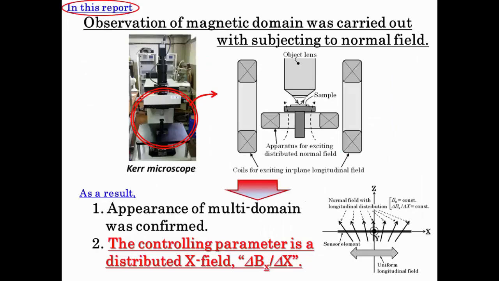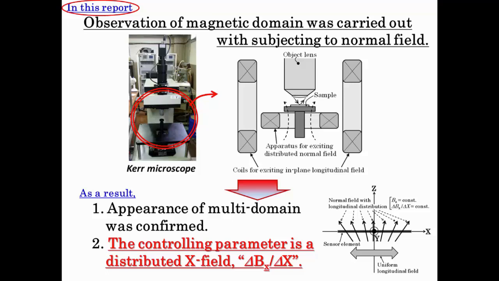From here, a new result. In this report, an observation of magnetic domains was carried out while subjecting the element to a normal field. It was observed by Kerr-microscope, and we made an apparatus for applying a normal field on the substrate.